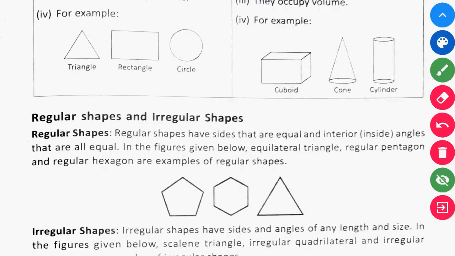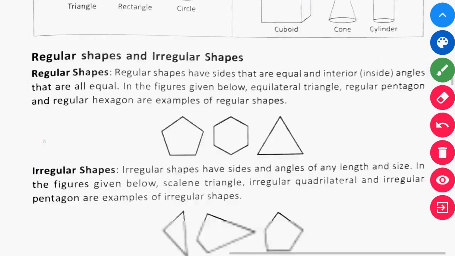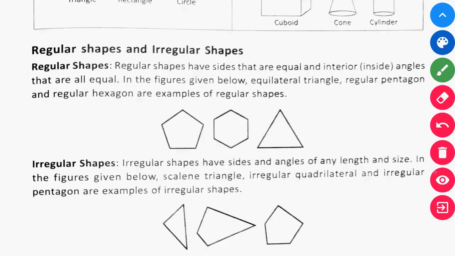The shapes which have a particular name, which we regularly see in our life, where all sides are equal, or there is some connection between their sides and their angles, these shapes are known as regular shapes. When there is no connection between sides, and those shapes we never see in our daily life regularly, they are known as irregular shapes.